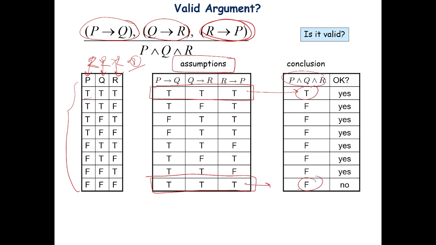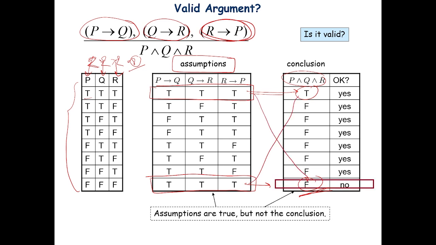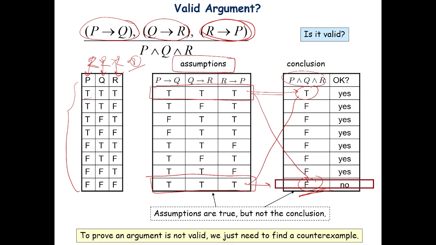This is false. No, this is not okay. So if all the assumptions are true, the conclusion can be both true and false. So it's not a valid argument. Assumptions are true but not the conclusion.